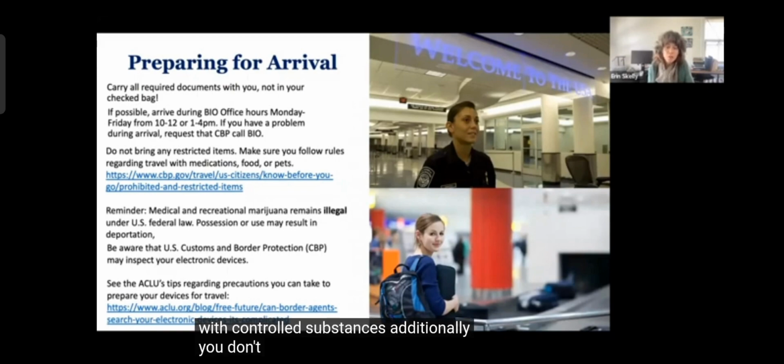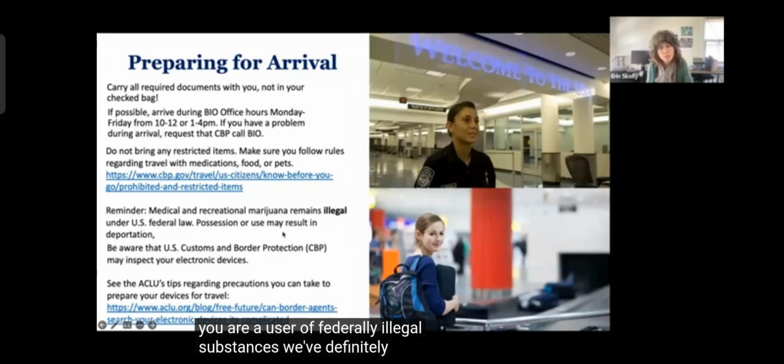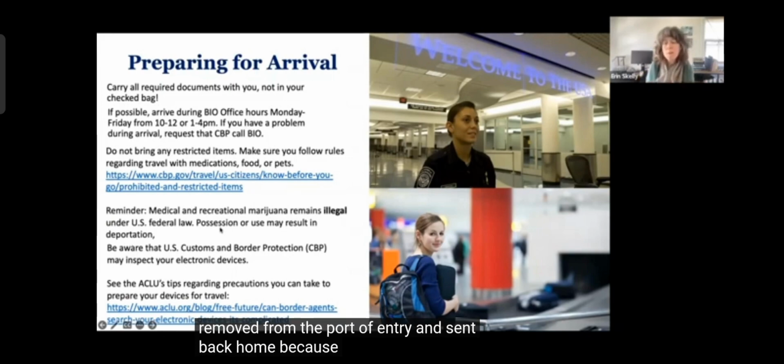Additionally, you don't want to be advertising that you are a user of federally illegal substances. We've definitely had students removed from the port of entry and sent back home because of evidence that they were either in possession of or were regular users of federally illegal substances.